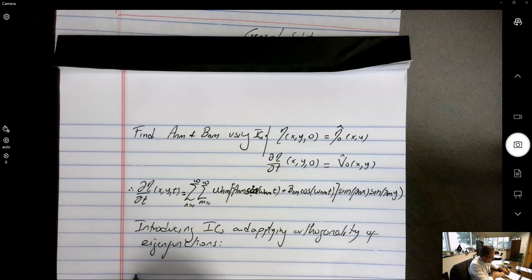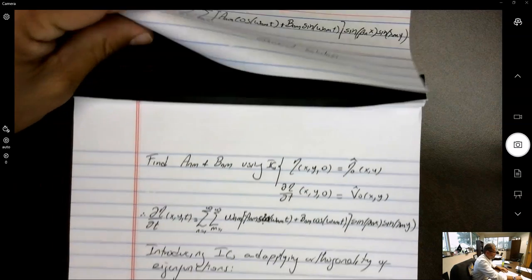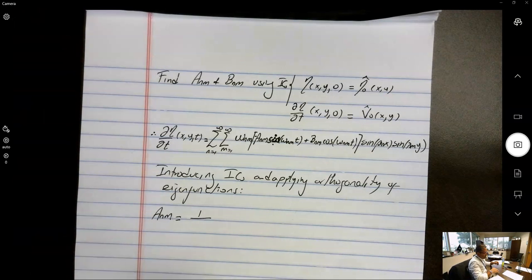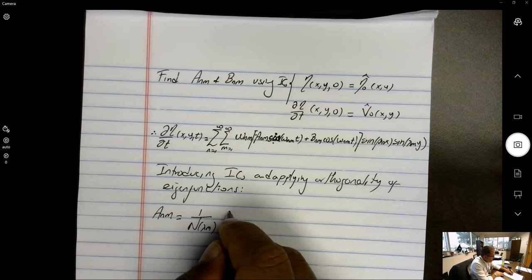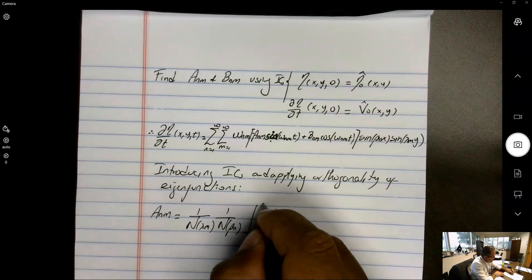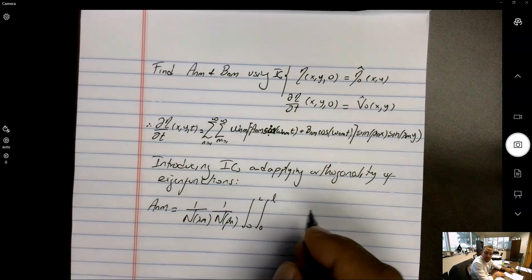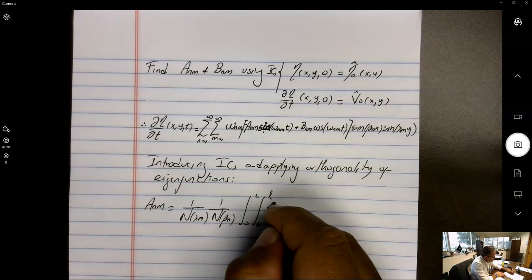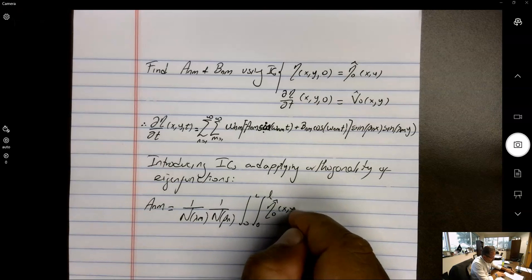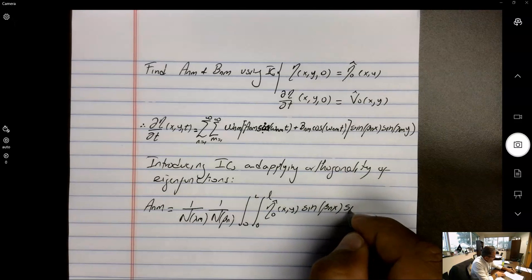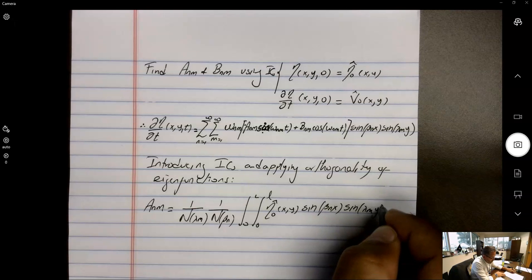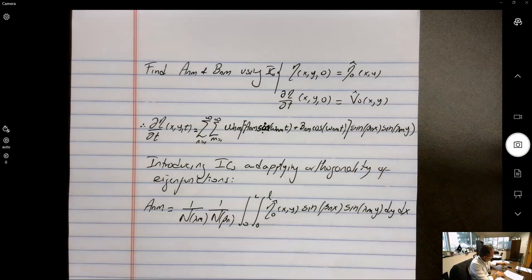So basically, a_nm is equal to 1 over the norm of lambda_m, or gamma_m, 1 over the norm of beta_n, times the integral from 0 to L, the integral from 0 to l, of eta_0 of x and y, sine of beta_n x, sine of lambda_m y, dy dx.